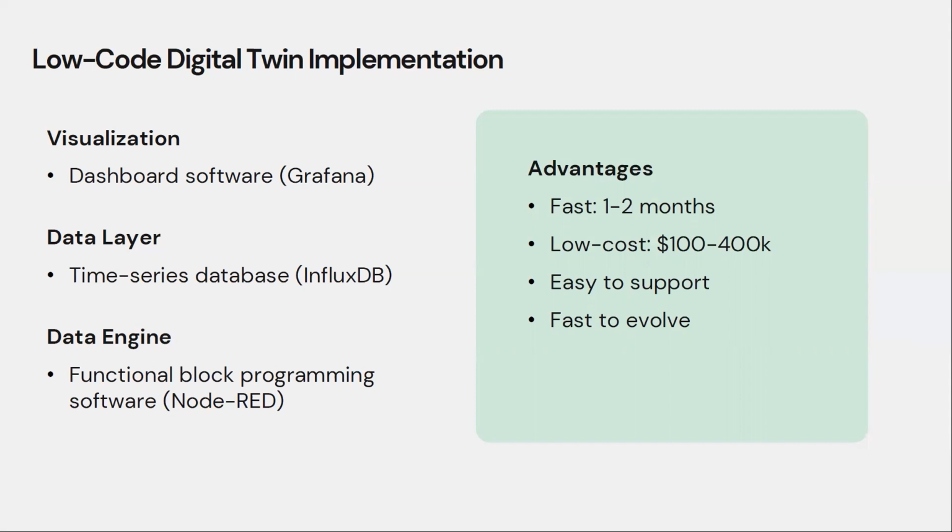For the data layer, we typically use InfluxDB because it's a very good time series database and allows very fast query of time series data. And at the data engine layer, we use what's called functional block programming. That's essentially a drag and drop type of programming. So when you combine these three low-code elements together, you can implement digital twin solutions really fast.